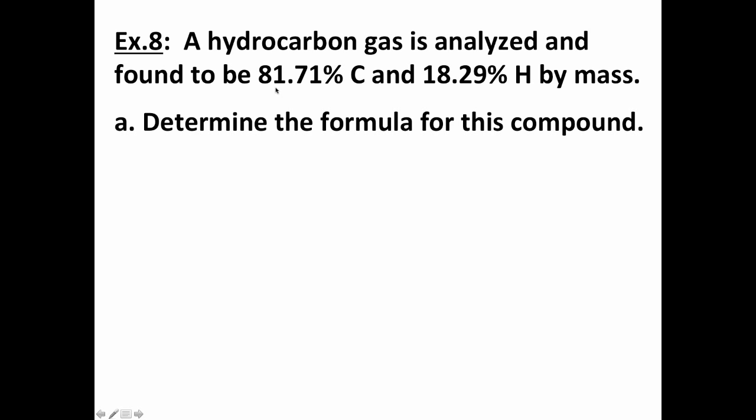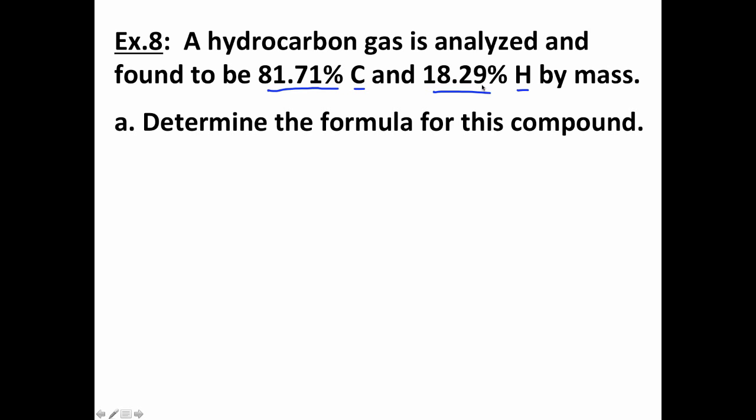And the key thing to note is if we have a compound, it has a constant composition, percent in this case of carbon and percent of hydrogen by mass. Now, we're not given the amount of compound that we have, but it sort of doesn't matter because whatever amount of compound we have, it's going to be 81.71% carbon by mass and 18.29% hydrogen by mass.